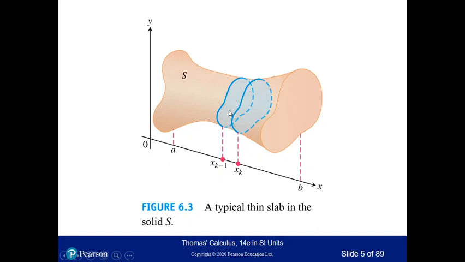The first slice is S of x_{k-1}, and the second slice is S of x_k. If you consider the region between these, you get a solid, and this is the thin slab. It's a slice of this solid. What we are going to do is calculate the volume of this object by calculating the volumes of these thin slabs, and then add them up, and we get the whole volume.